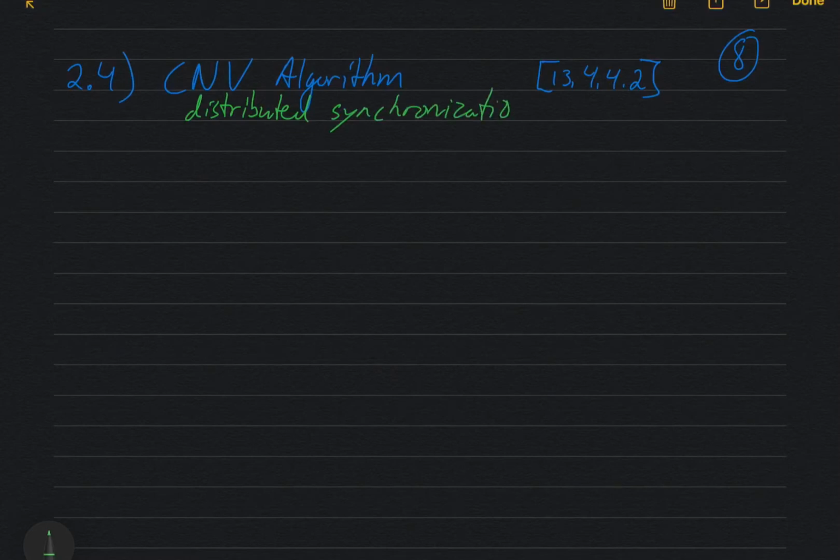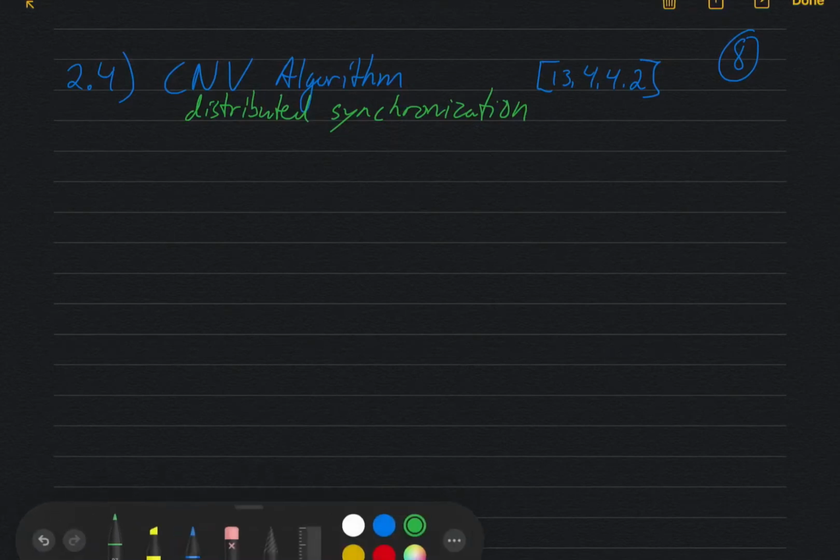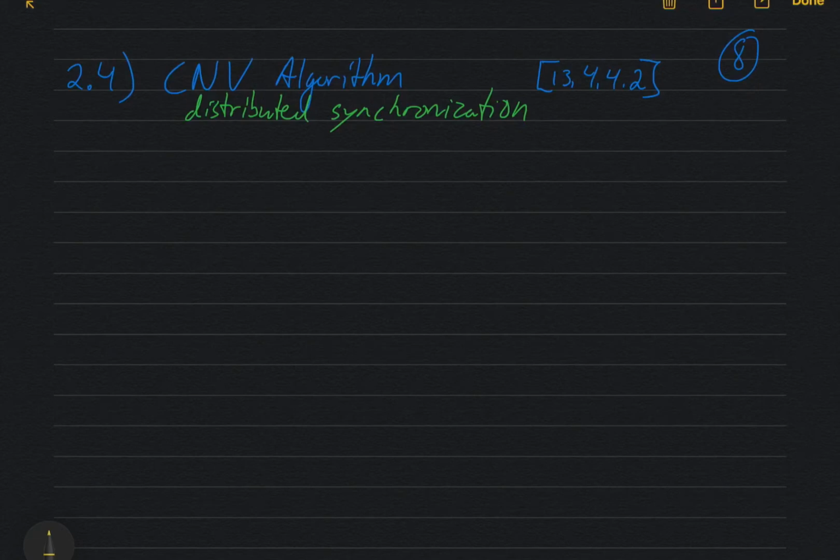synchronization algorithm. It was developed by a prof, I think at MIT, named Leslie Lamport. Leslie Lamport did a lot of important work in distributed systems. He also built on a document formatting system called TeX, that's T-E-X, developed by Donald Knuth, who's one of the pioneers in computer science.